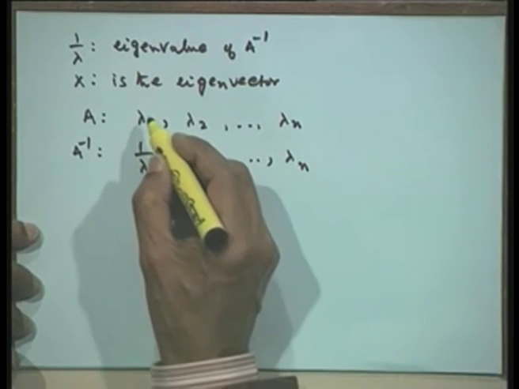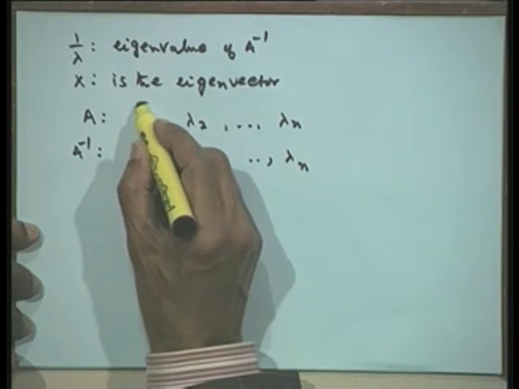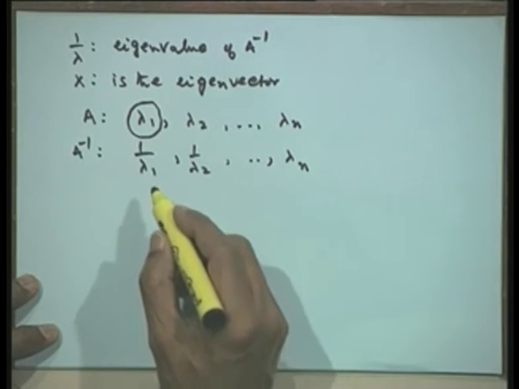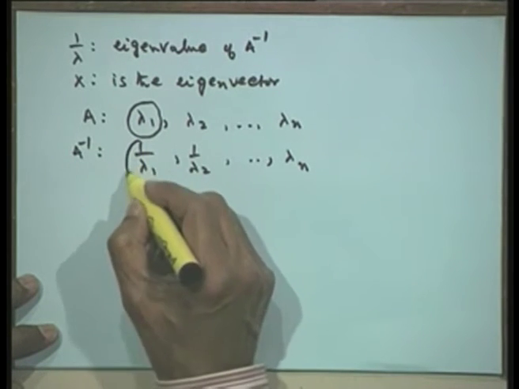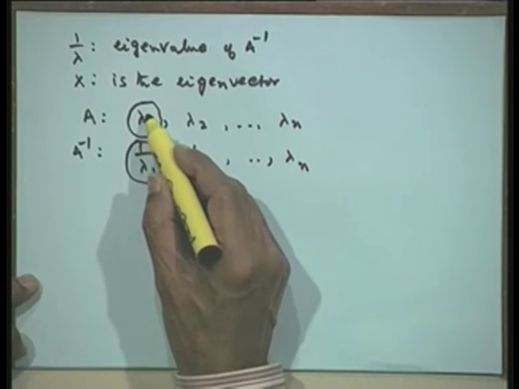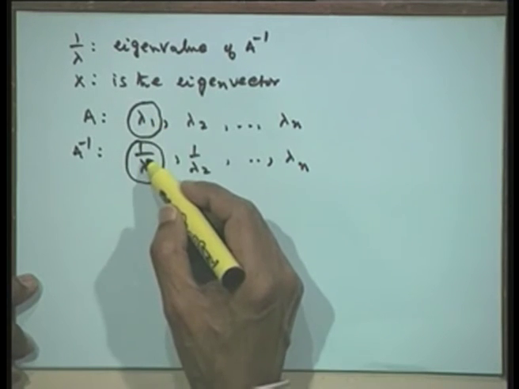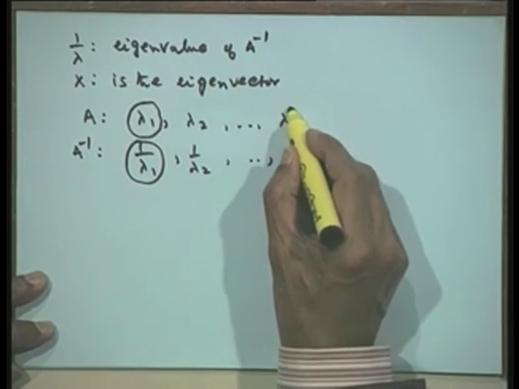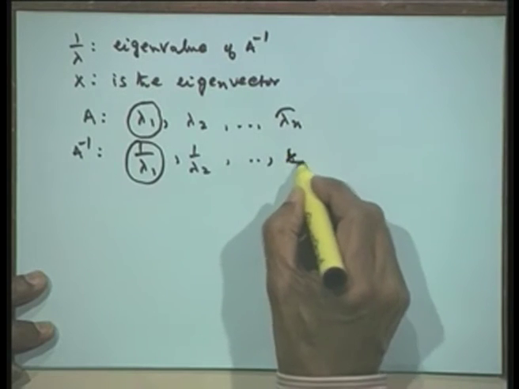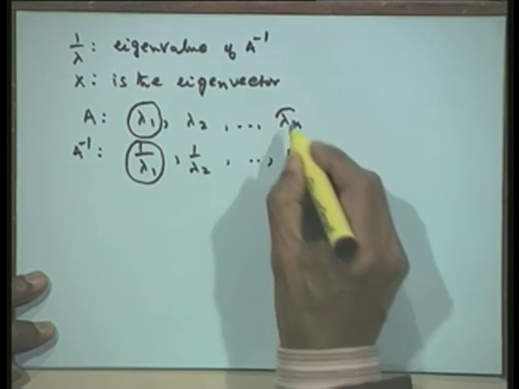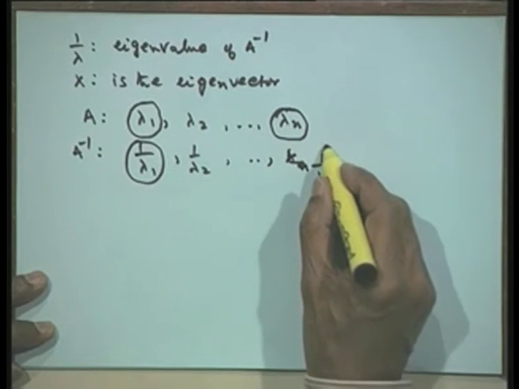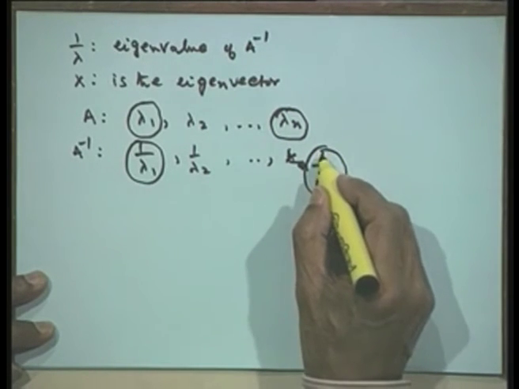Now, the leading eigenvalue of A, that is the largest eigenvalue in magnitude of A, will become the smallest eigenvalue of A inverse. Sorry, I should have written 1 upon lambda. So this is the largest eigenvalue and therefore its inverse is going to be the smallest eigenvalue of A inverse. Now, the smallest eigenvalue of A will become the largest eigenvalue of A inverse.